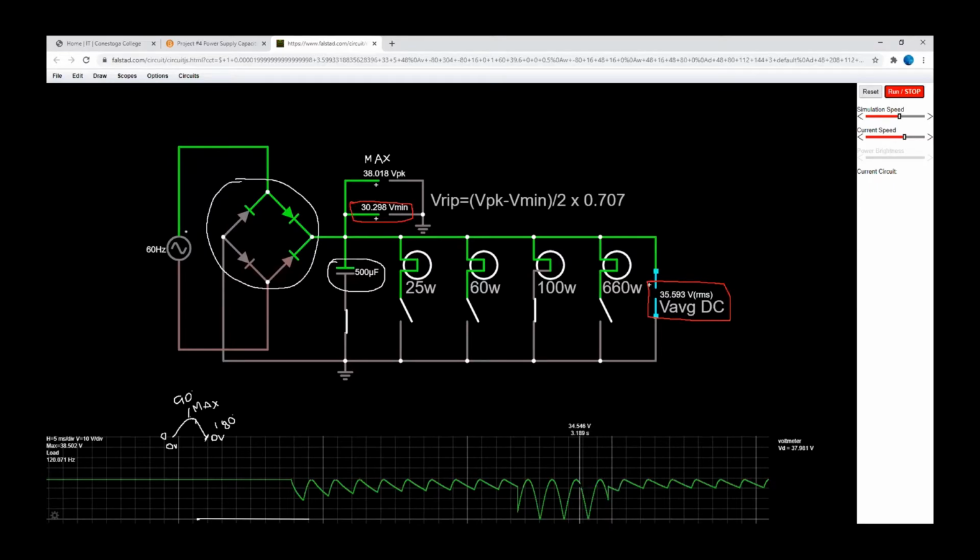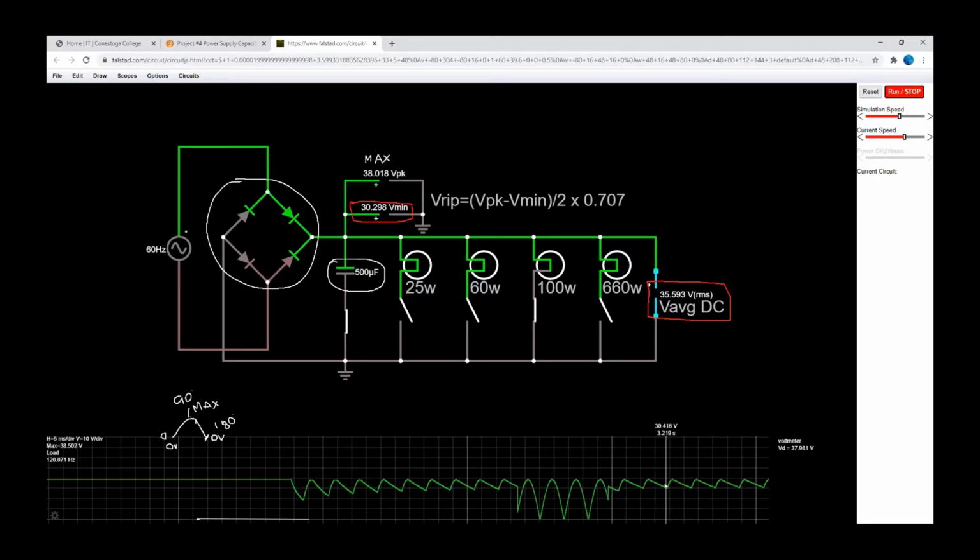And when this signal is collapsing and going to zero, then the charge which is in the capacitor is going to start to go through the load.